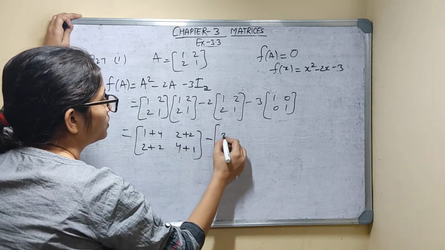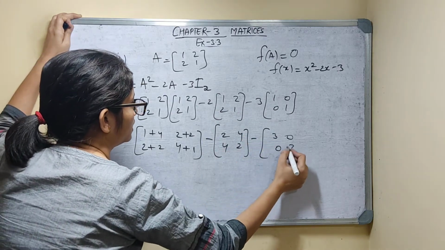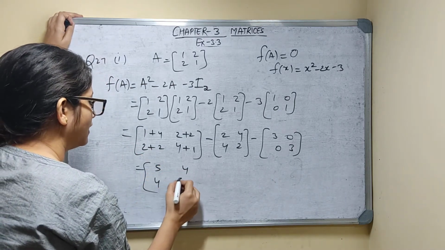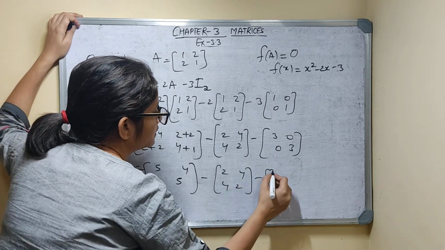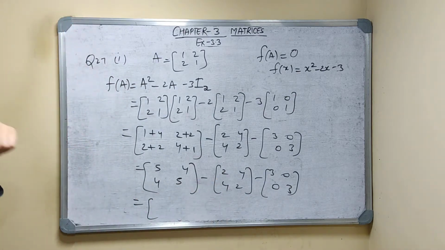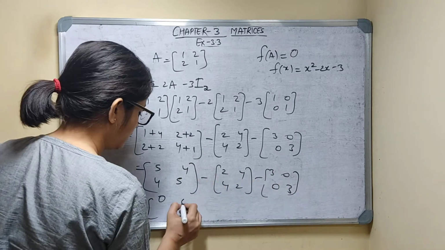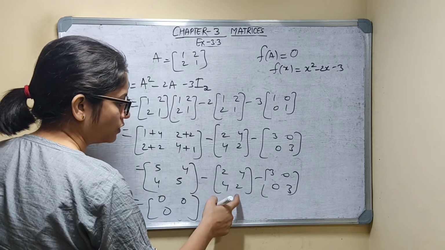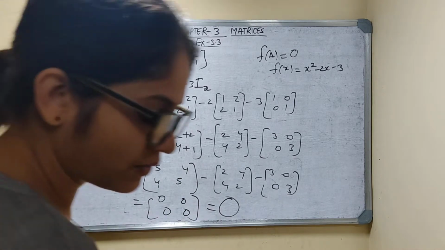Minus 2 1s are 2, 2 2s are 4, 2 2s are 4, 2, minus 3 0 0 3. So you get 5 minus 2 minus 3, 4 minus 4 minus 0, 0, 4 minus 4, 5 minus 2 minus 3, which is equal to O, the null matrix. Like this you can write.